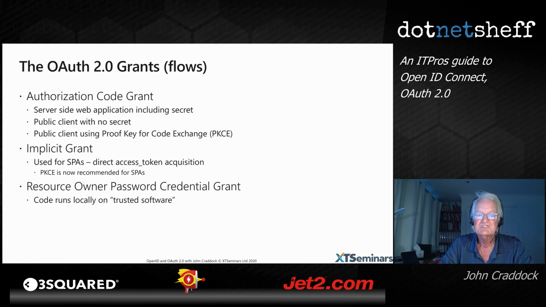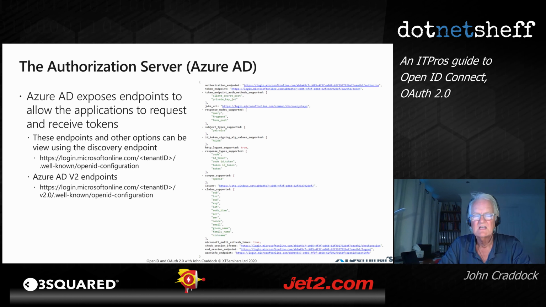But it's considered to be not the best, but it's only for trusted software, and it will probably be only software from first parties. And then finally, there's the client credential grant, which is where we're going from server to server communication. So lots and lots of different potential flows.